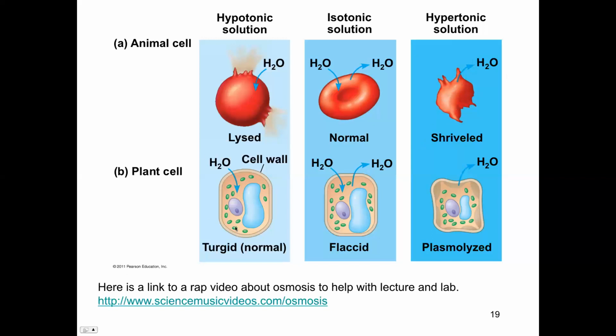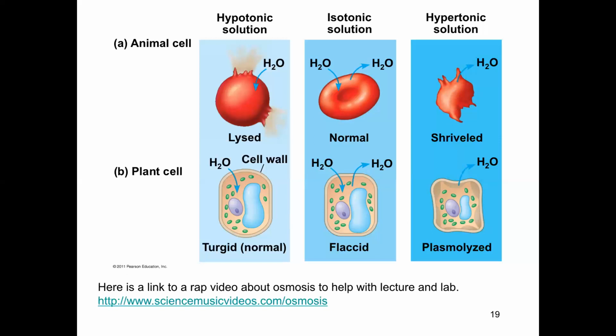Now we're in the lab, and this is why I bring this up. I know we're in human biology, but in the lab, we will be looking at plant cells. We don't use real blood in the 105 lab. So we will be looking at this effect using plant cells, which is why I bring it up here. Plant cells are a little bit different because they have a cell wall, all right?